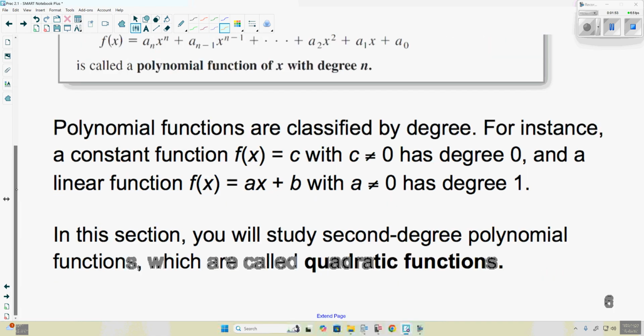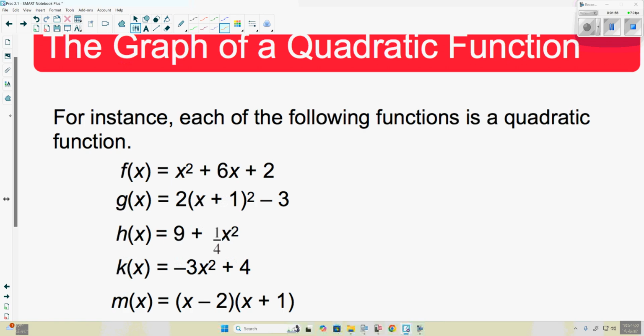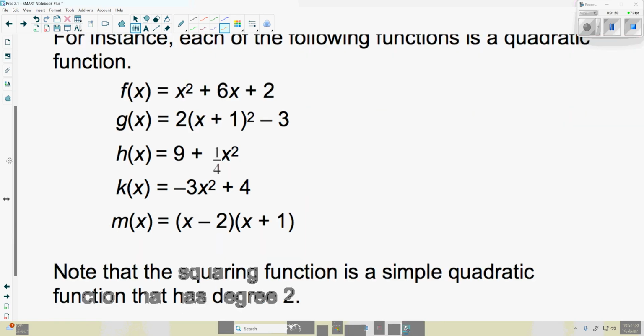Now, quadratic functions are our second degree, so x squared. For instance, all of these are considered quadratic functions: x squared plus 6x plus 2, 2 times (x plus 1) squared minus 3, and these here. This first one is what we call standard form, ax squared plus bx plus c.